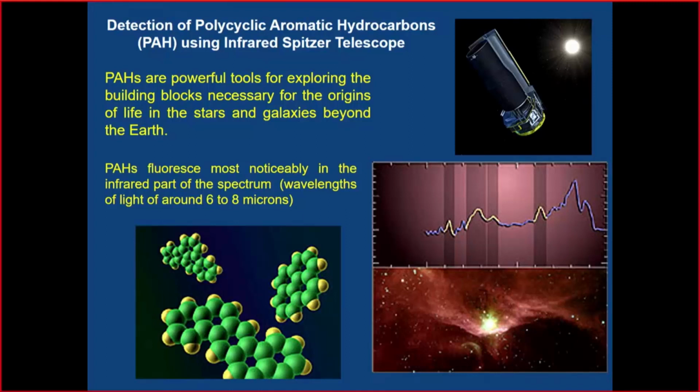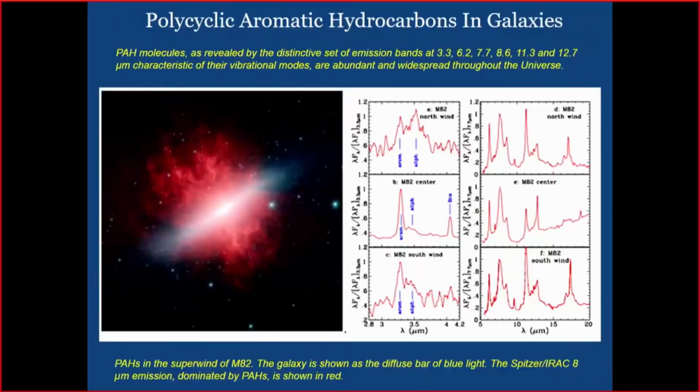So wherever the abundance is there, it is also said to provide conduciveness for life. People have seen from the Spitzer satellite emission at 3.3, 6.2, 7.7, 8.6, 11.3, and 12.7 micrometer. These emissions suggest PAHs exist there.